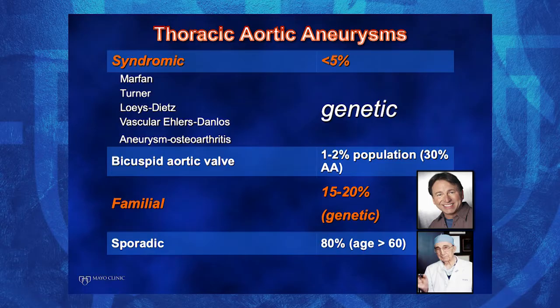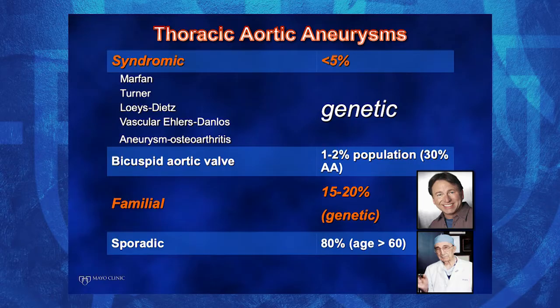Unfortunately, the yield of those genetic tests, in other words, how many times we actually find a genetic problem, is about 20 to 30%, so it's not very high. The good thing about doing genetic testing is that if I find an abnormal gene in an individual, then the only thing that needs to be checked in their offspring or their siblings is that gene. And if they don't have that gene, they don't have the problem.